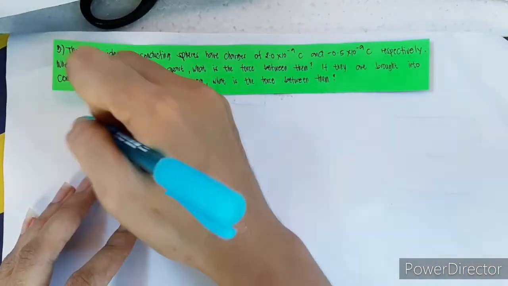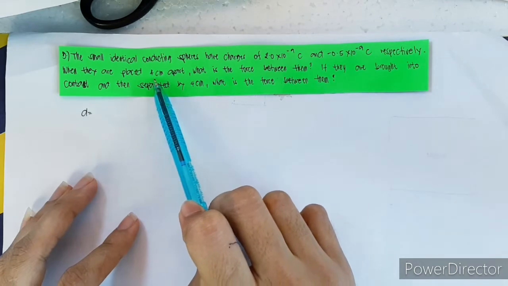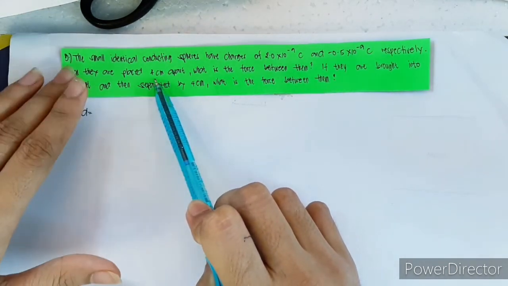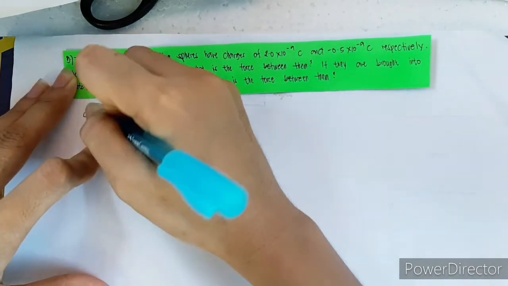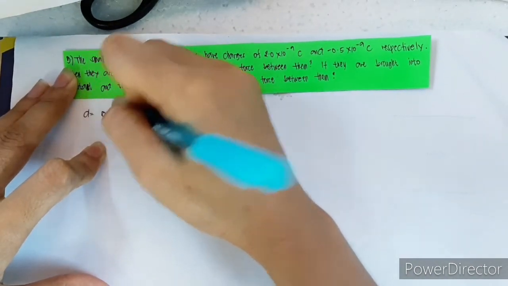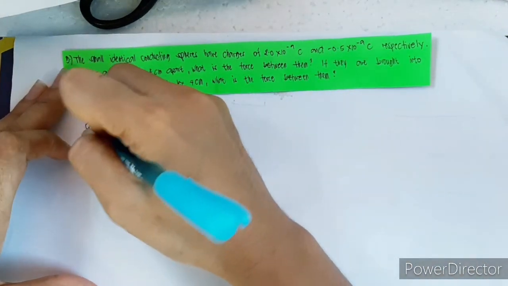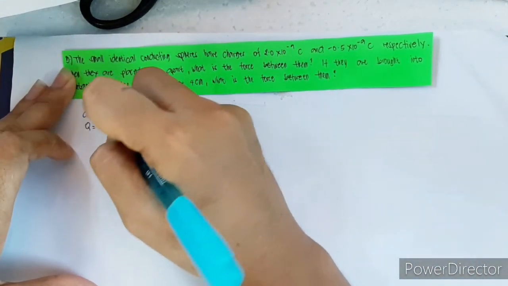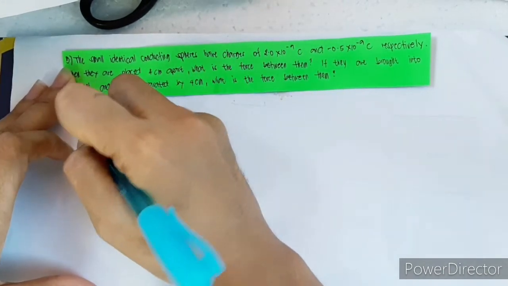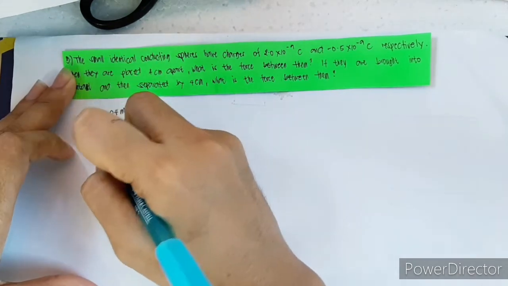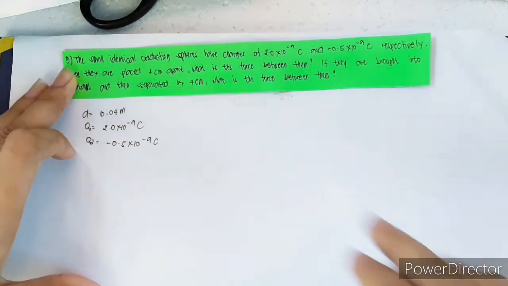The given distance is in centimeters, so let's convert that into meters first. 4 centimeters divided by 100 will become 0.04 meter. For the first charge, Q1 is equal to 2.0 times 10 raised to negative 9 coulombs, and Q2 is equal to negative 0.5 times 10 raised to negative 9 coulombs.